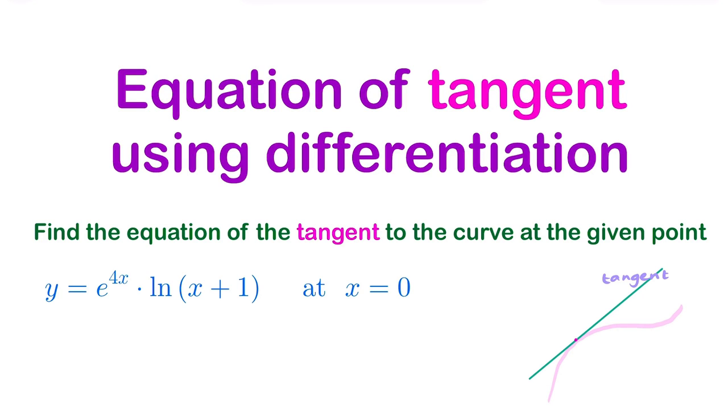So the question is asking for the equation of the tangent to a curve given by this expression at a particular point. There's a particular point on the curve where x equals 0, and we need to find the equation of the tangent.